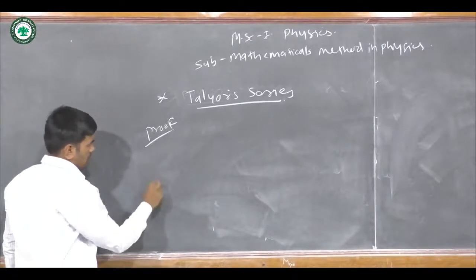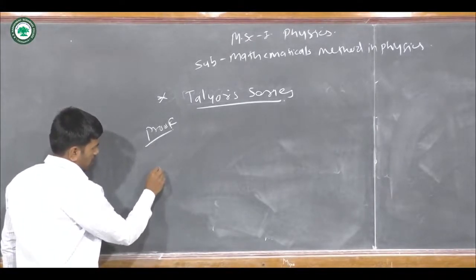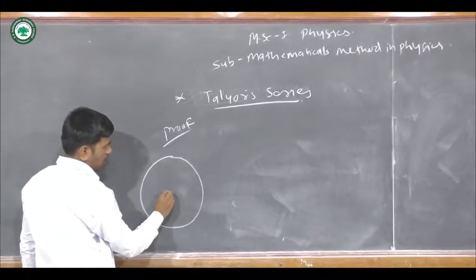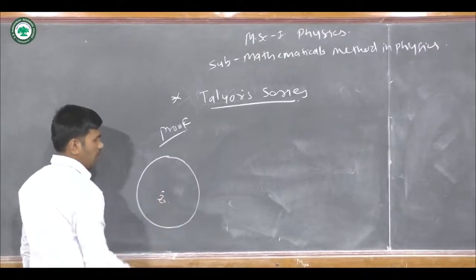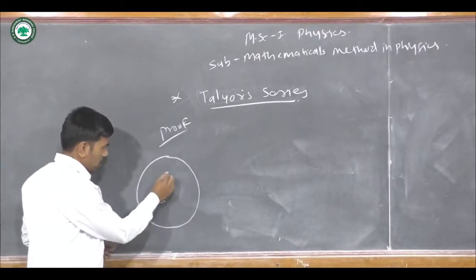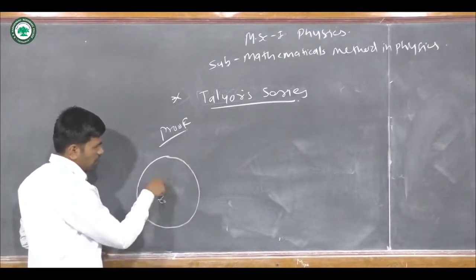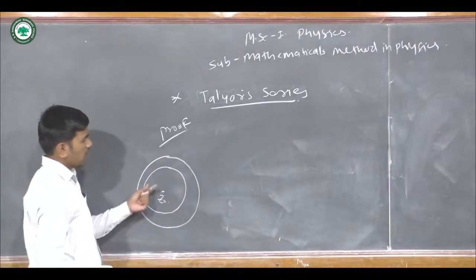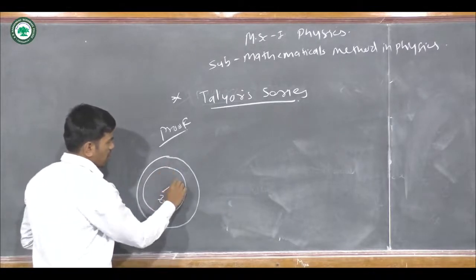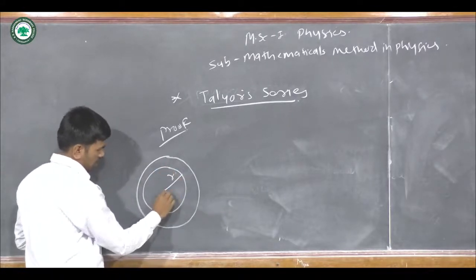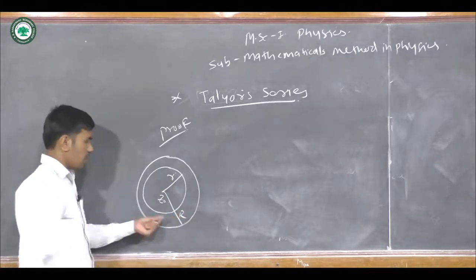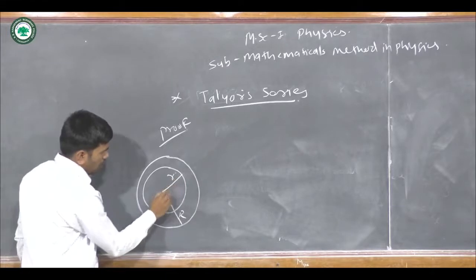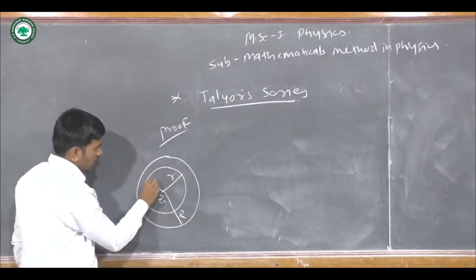Here we consider this region, and inside the region I consider one point, that is z naught, and in this domain I consider another circle, whose radius is small r, and this region is capital R. Here one arbitrary point I consider, that is z.